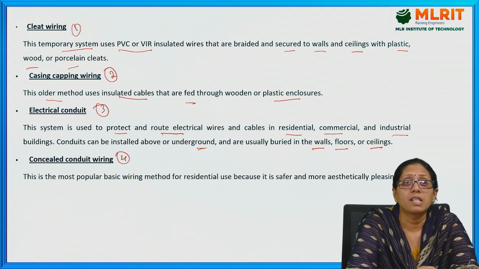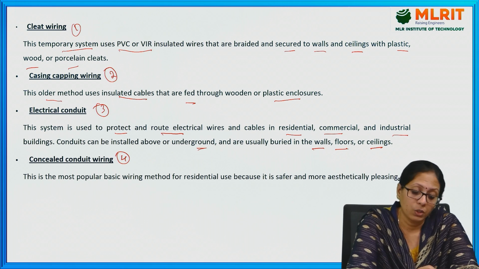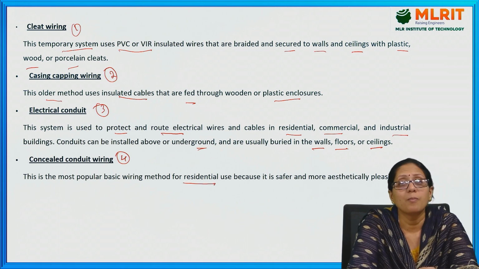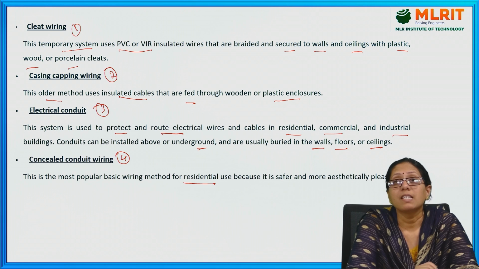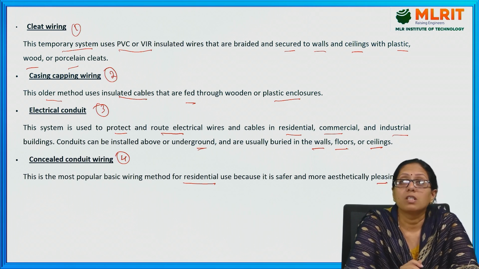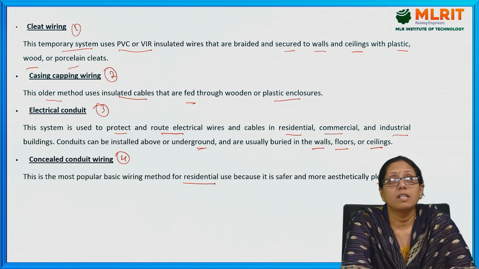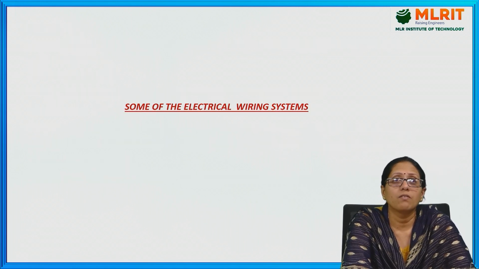The last one is concealed conduit wiring. This is the most popular basic wiring method used for residential because it is safer and more pleasing also. So first we will discuss some of the wiring systems.